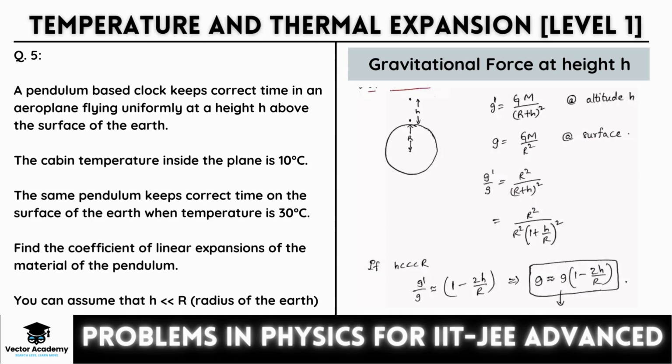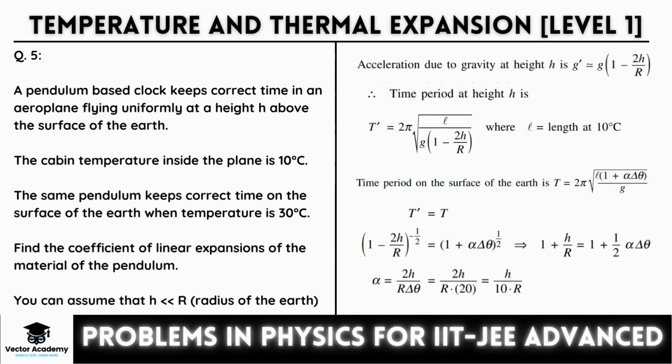You can go through the detailed derivation of this relation for gravitational force at height h. Time period t dash at height h and length L at 10 degrees Celsius is equal to 2 pi under root L upon g multiplied by 1 minus 2h divided by r.